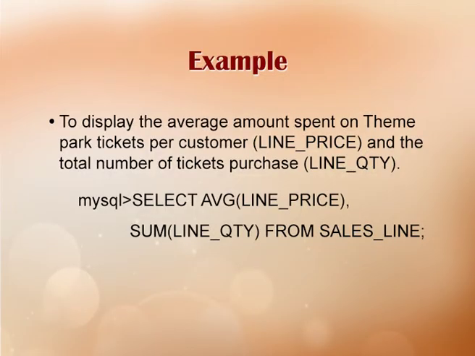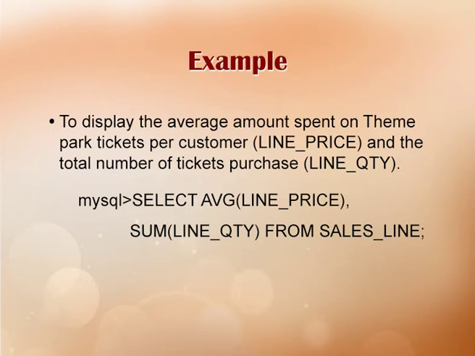From that we can find the average by adding all the values and dividing by the number of rows. Then the total number of tickets purchased comes from using the sum function on line_qty.